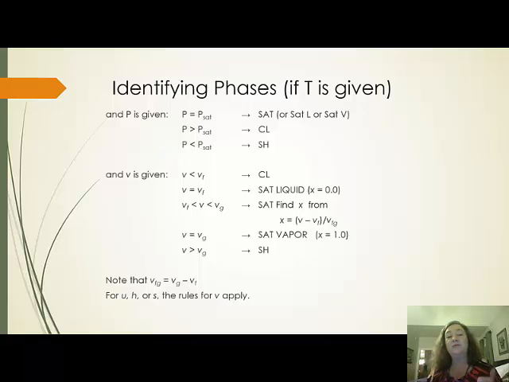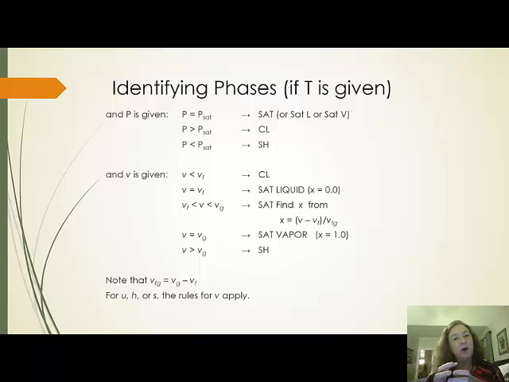Now, if I have temperature and volume as the second piece of information given, then I'm going to again go to the saturated table and look up the saturated volume for liquid and for vapor, saturated liquid, saturated vapor. Either the number is between, or it's smaller, or it's larger. Now, if it's between, it means I've got a combination of liquid and vapor. If it's a larger volume, then the molecules are free to spread apart, and that's going to be a superheated vapor.